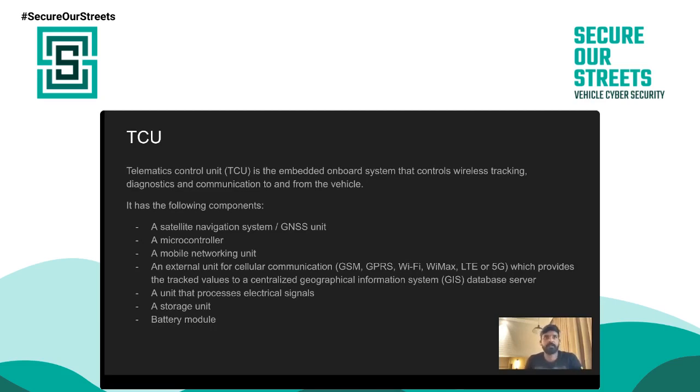Obviously there should be something to connect to the car, so the car's internal network needs to be connected to the TCU as well. Then there is a small storage unit for storing the data, and it also has a battery module.